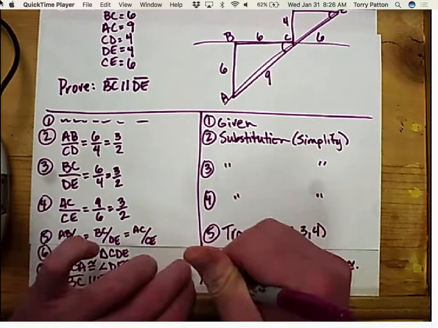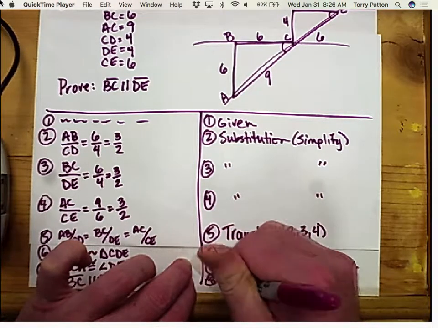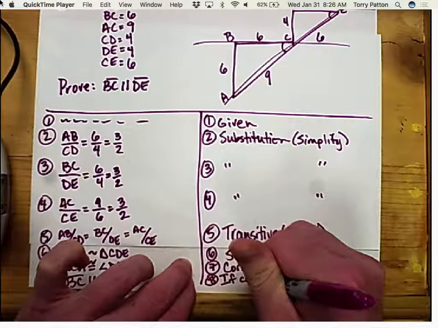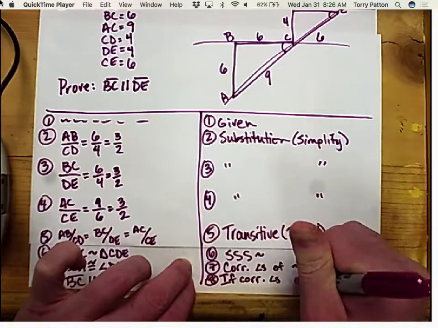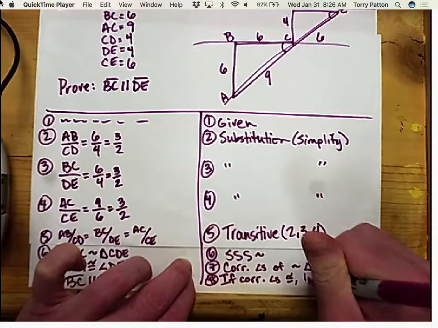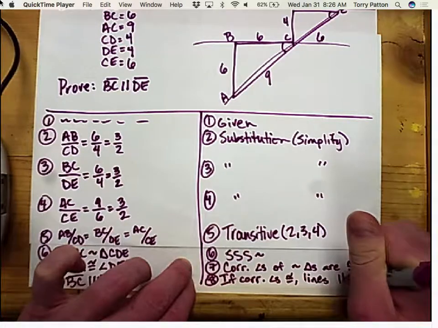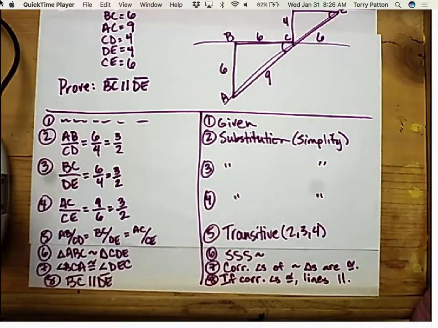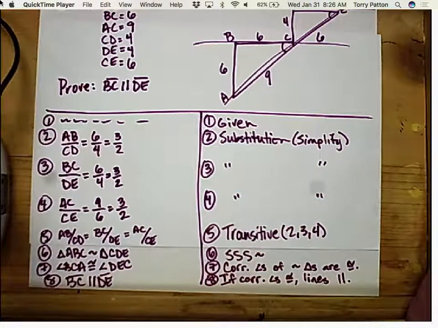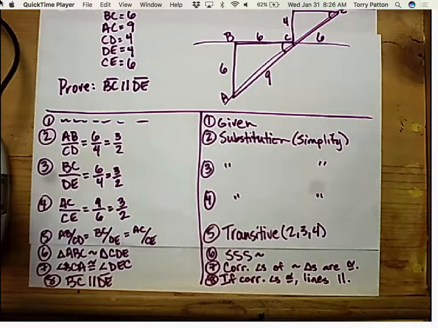The reason is if corresponding angles are congruent, lines are parallel. Okay, so that's a way that you will use side, side, side similarity. We got like 2 more.